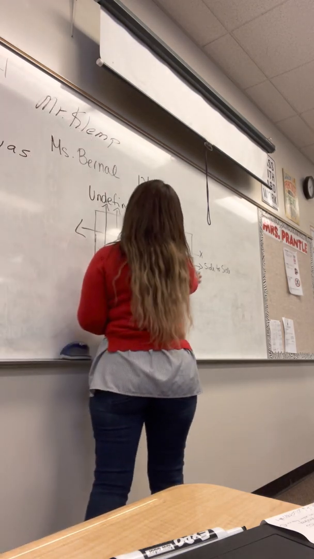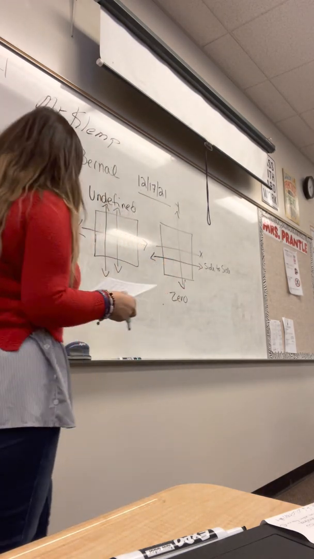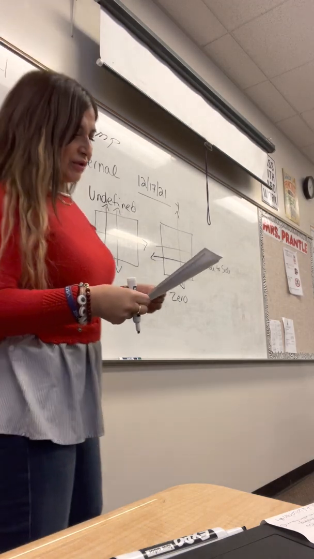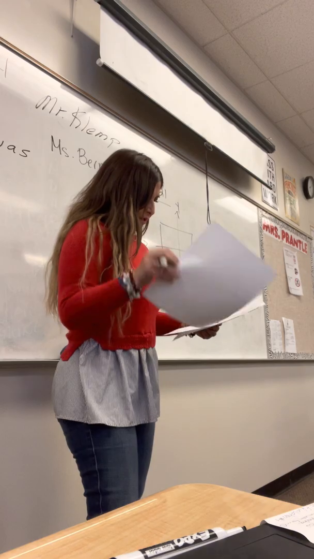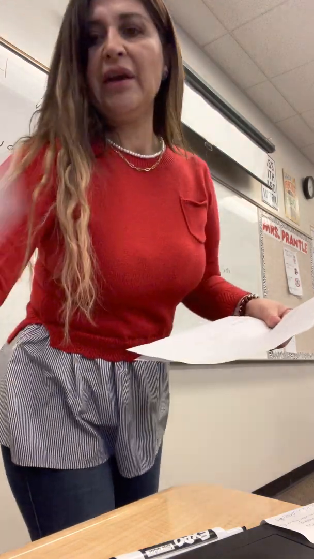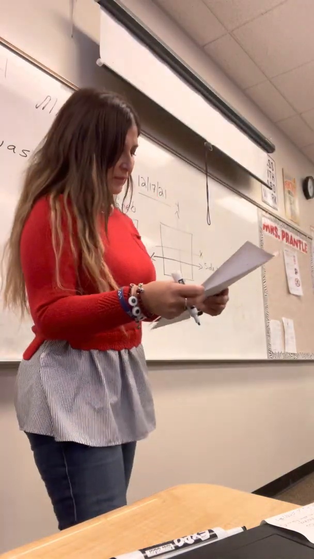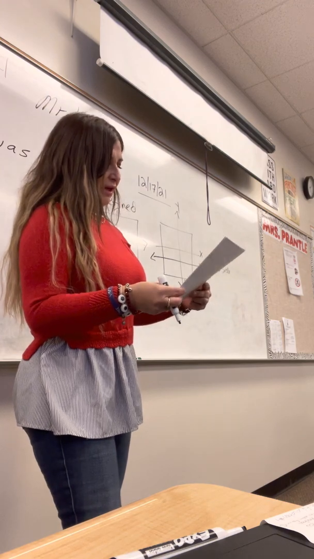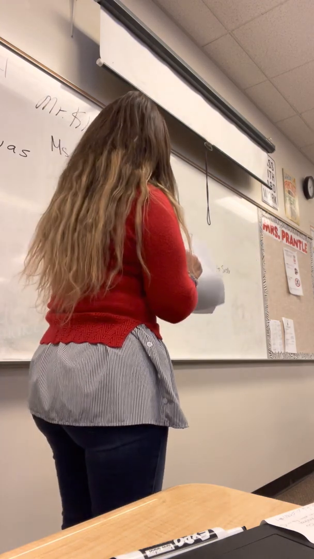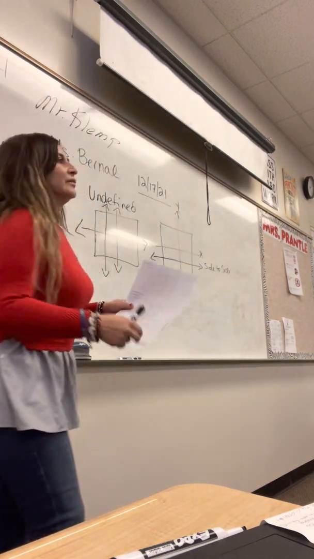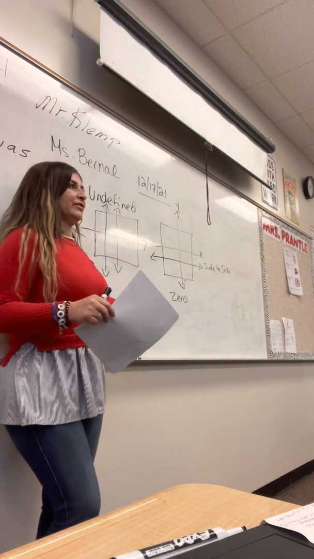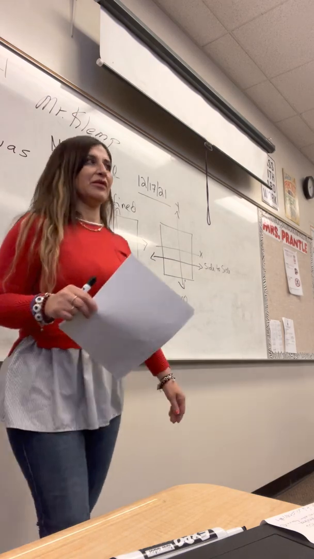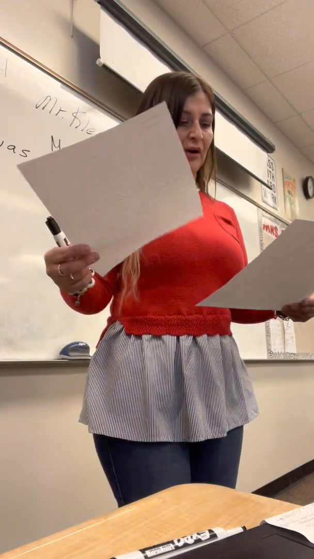Don't confuse. This is 0 and this is undefined. Those are the two main ones that I want to go over with you guys. Okay, graphing. We're gonna graph 2 of them. Do we need more time to write these down? A few minutes? Okay, I'll give you a few minutes and then we'll go over the graphing part.